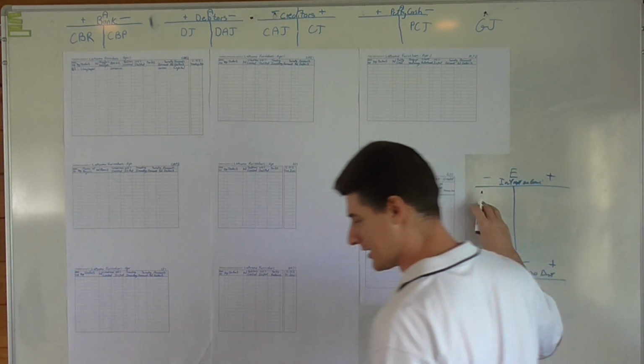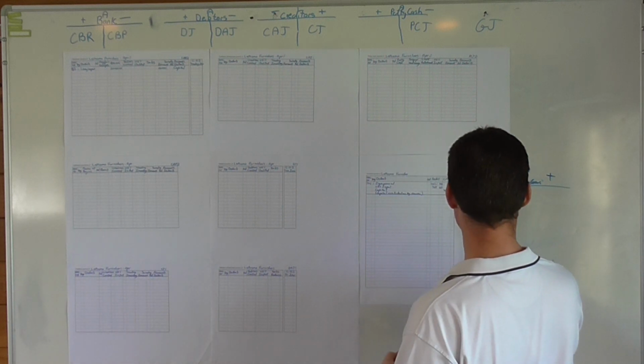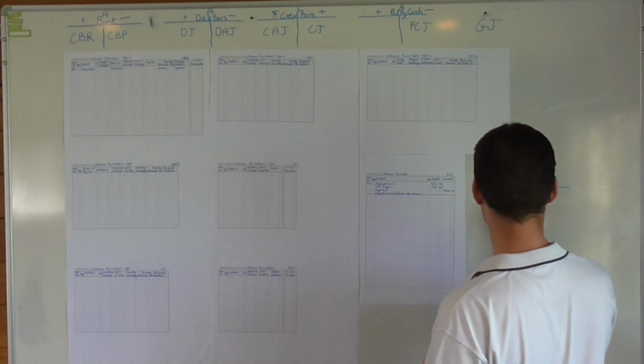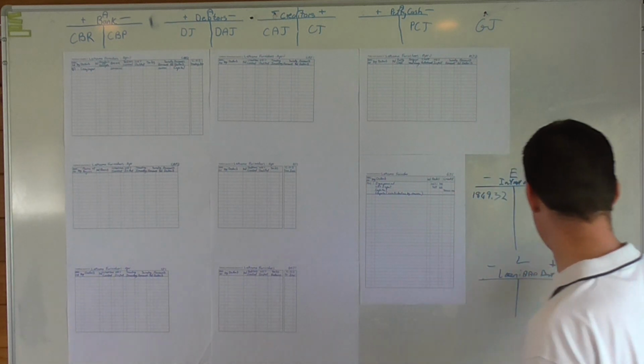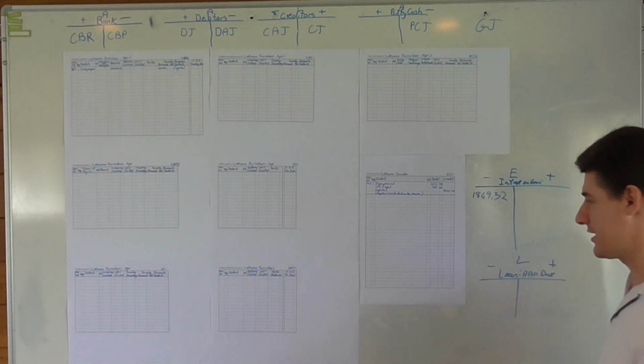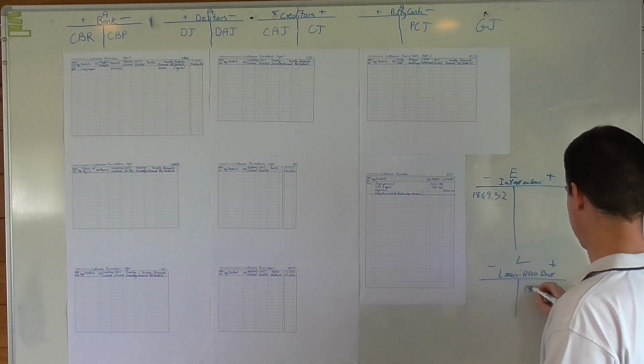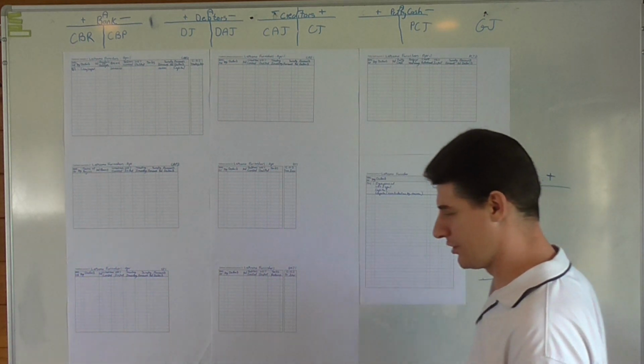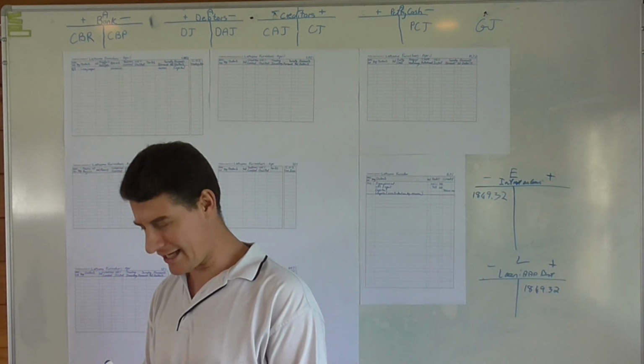The expense is always a debit, and that is 1849.32. And then your loan amount increases now with 1849.32. Okay, so that is the first part.